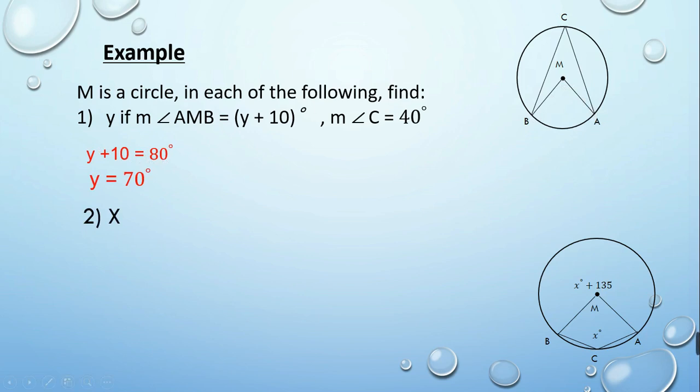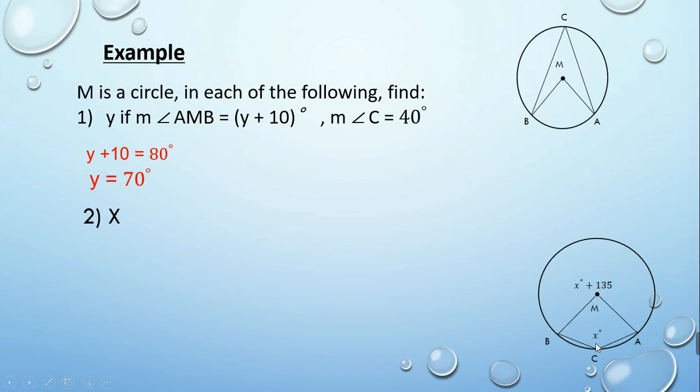Number 2: I want to find the value of x. X here represents the inscribed angle ACB. Inscribed angle ACB subtends the arc with the reflex angle x plus 135. Okay?